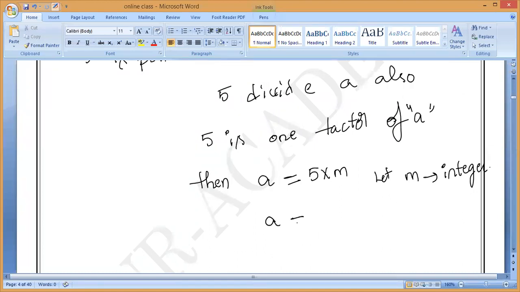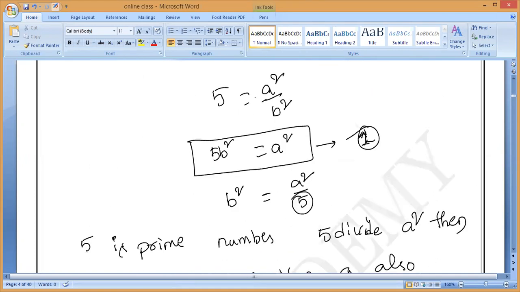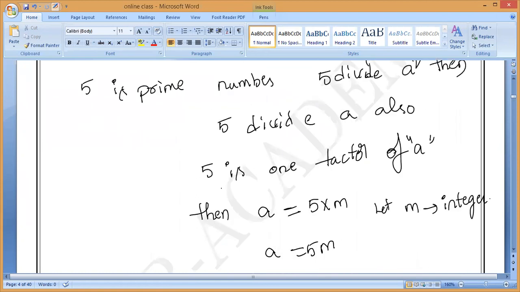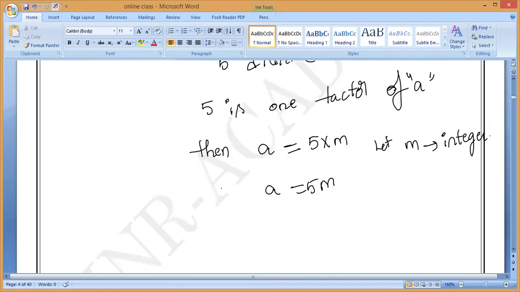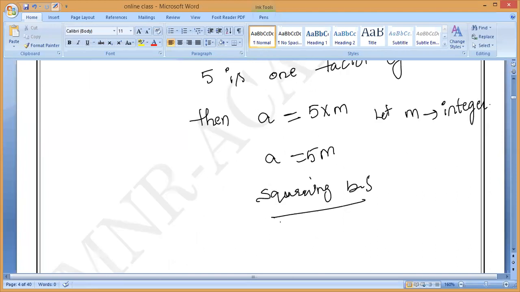A equal to 5M. But before, all the terms were in the form of squares, correct? So squaring on both sides. What is the answer?